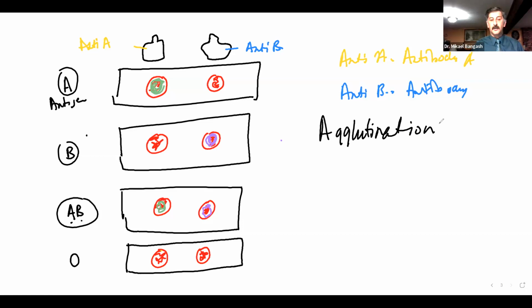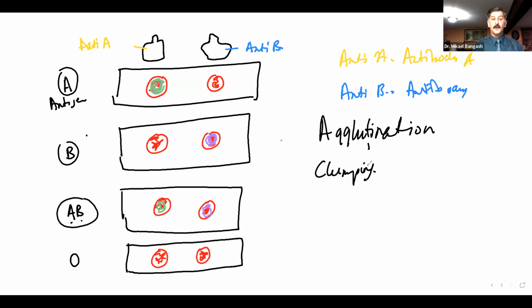So what they actually see as a reaction between the A antigen and B antigen being reacted by the A antibodies and B antibodies is agglutination, which is just a fancy word for clumping.